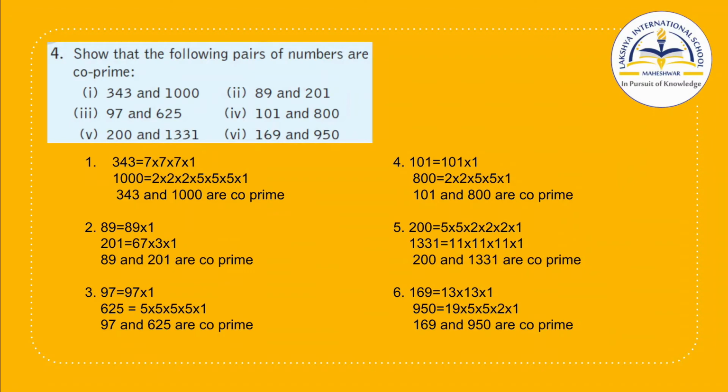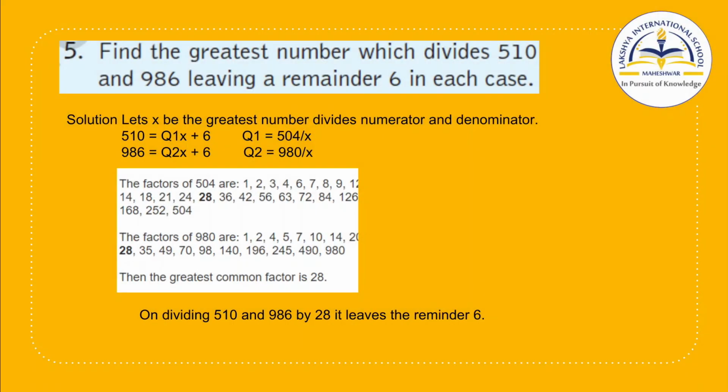So here 343 factor is 7 into 7 into 7 into 1, and in 1000, 2 into 2 into 2 into 5 into 5 into 5 into 1. Here 1 is the common among them, so 343 and 1000 are co-prime because only 1 is common in both the prime factorizations. Okay, now in the same manner you have to solve these questions. All are co-prime numbers.